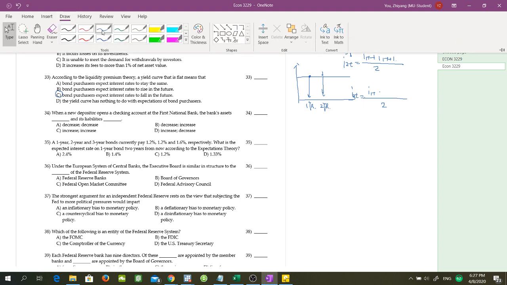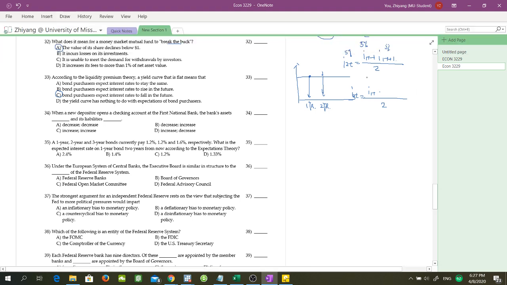Okay, here we go. All right, so this is I1t plus I1t plus 1. But remember, there's a liquidity premium term over there, which is greater than 0, right? So if I plug in the same number, this is 5%, this is 5%, but over here there is something greater than 0, say 1%.